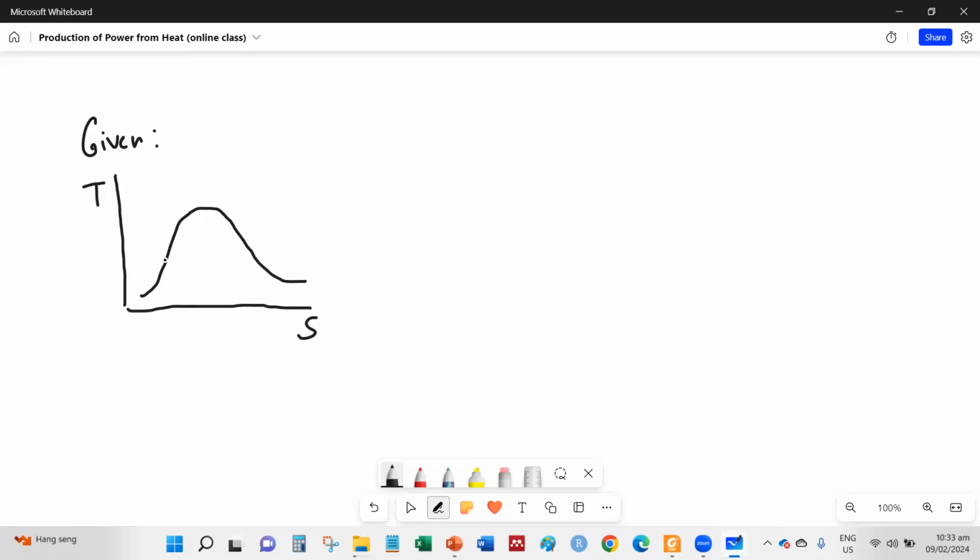So the conditions are, steam is superheated to point 2, and expands to point 3. Since this is an actual process, the expansion is actually that one.